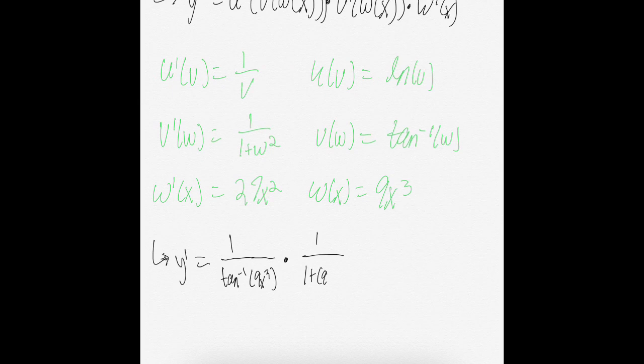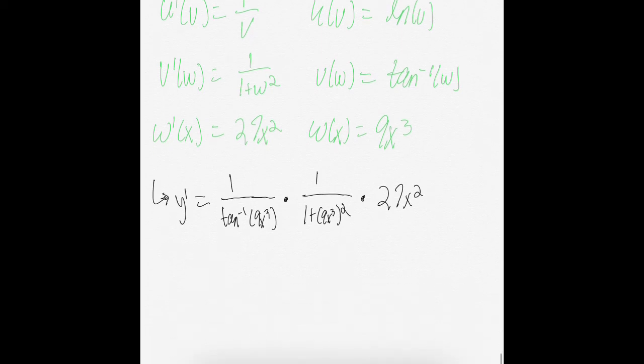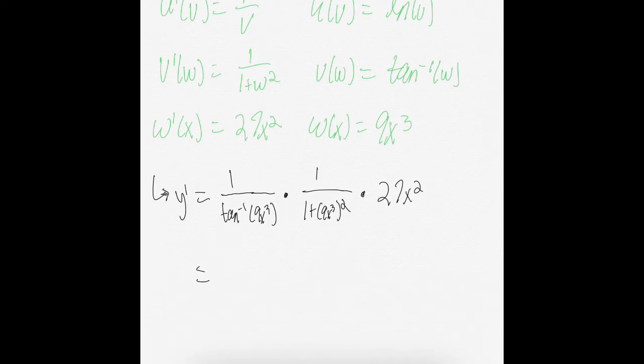So v prime is 1 over 1 plus w squared. So 1 over 1 plus, now w of x is 9x cubed, so that's going to be 9x cubed squared, times w prime. And w prime of x was just 27x squared.